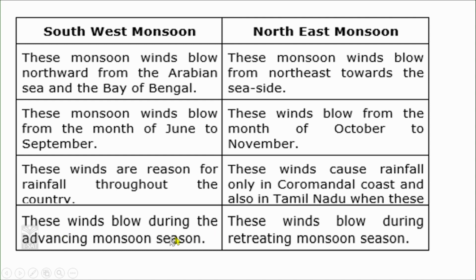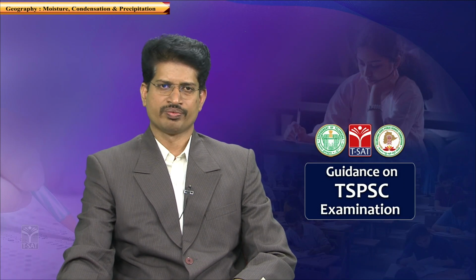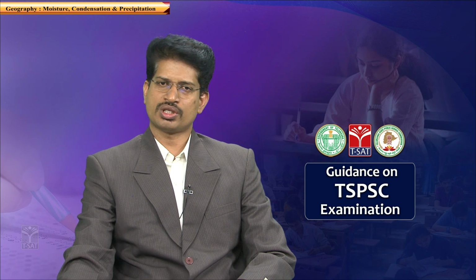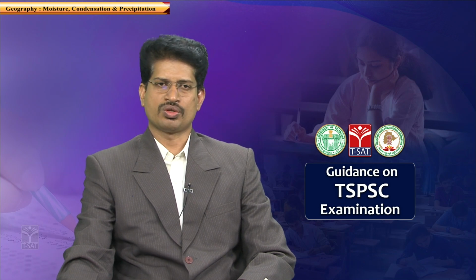Southwest monsoon winds blow during the advancing monsoon season, and northeast monsoon winds blow during the retreating monsoon season. So, these kinds of questions can be asked regarding southwest monsoons and northeast monsoons.